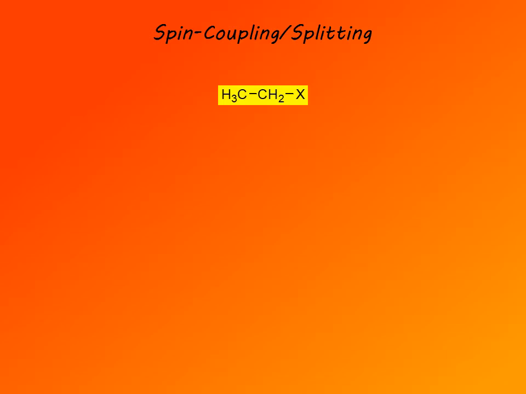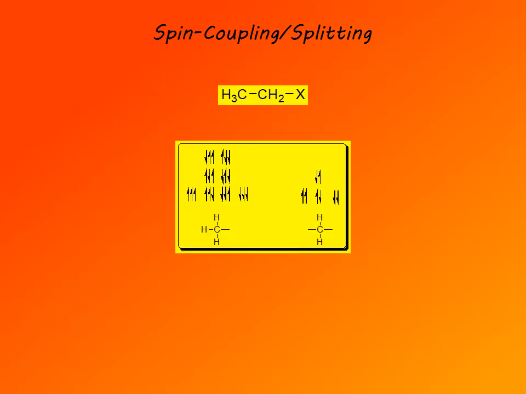So if we consider protons of methyl and methylene groups, these are possible spin orientations. In the methyl group, there are 3 protons, and so there is one orientation where all 3 spins are parallel to the external magnetic field. There is only one such possible situation statistically. Now, it is also possible that 2 of them are parallel and one antiparallel to the applied magnetic field. There are 3 such possibilities because any of the 3 protons could be the one that has spin antiparallel to the applied magnetic field.